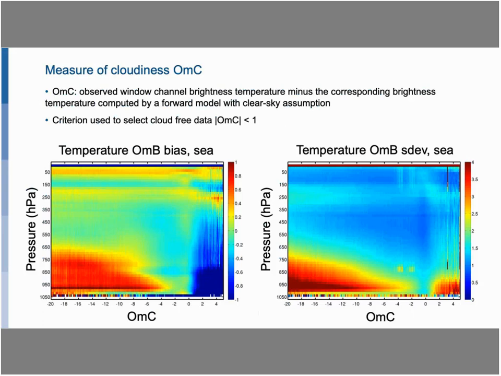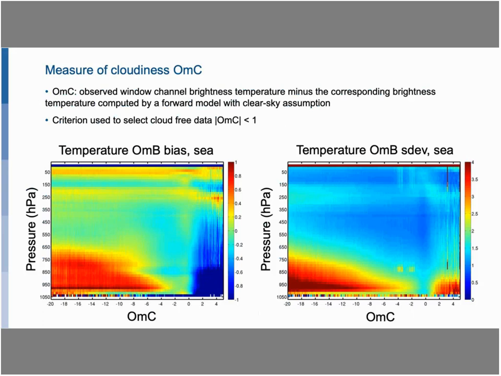And first of all, because we wanted to focus on clear sky retrievals, the retrievals are provided with a measure of cloudiness, the so-called O minus C, which is the difference between the observed window channel brightness temperature and the corresponding brightness temperature computed with a clear sky assumption.